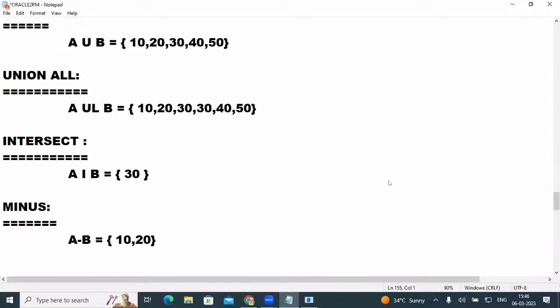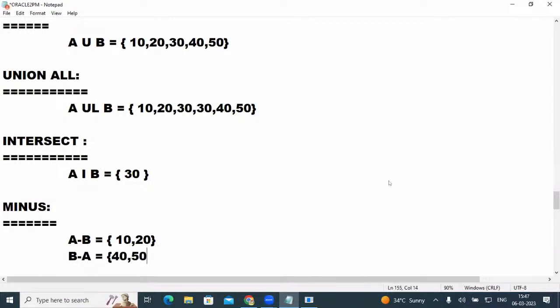A minus B is 10, 20. Minus means left side unmatching values will be written. In the same pattern, when I give B minus A, what is the answer? 40, 50.